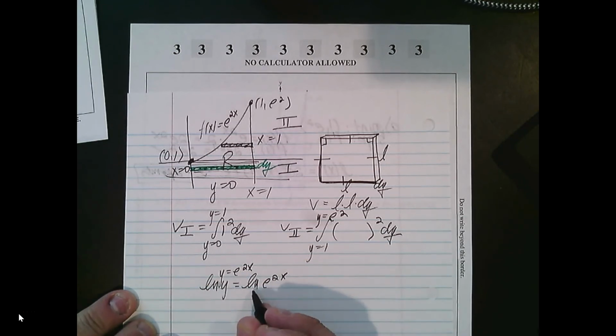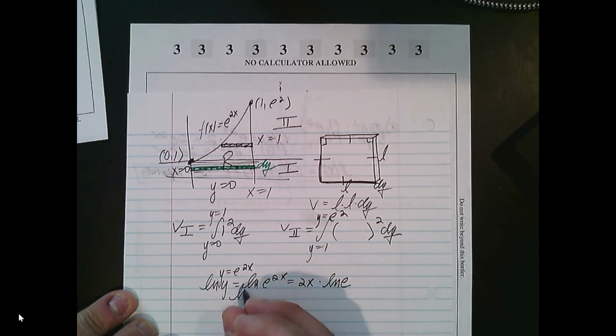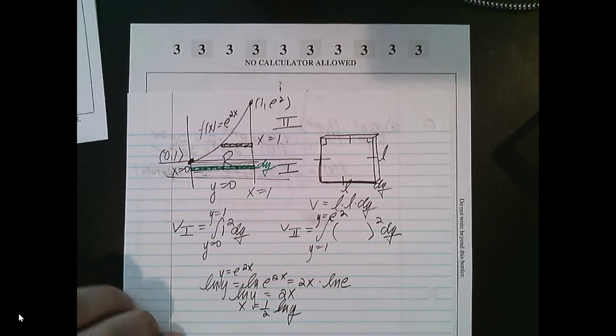Natural log of y equals the natural log of e to the 2x. We're able to bring the 2x down in front, times the natural log of e. Natural log of e is 1. So we get that the natural log of y is equal to 2x. x is 1/2 the natural log of y.